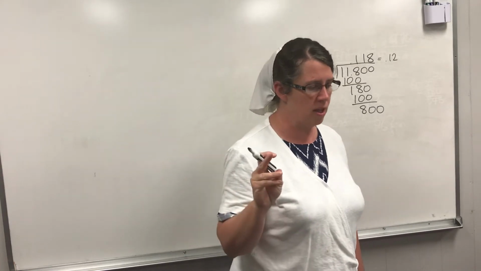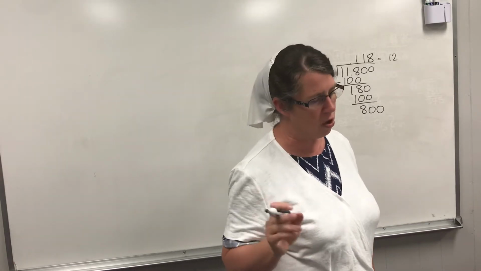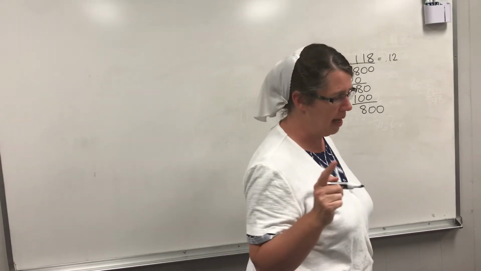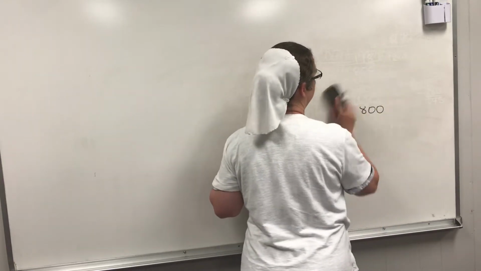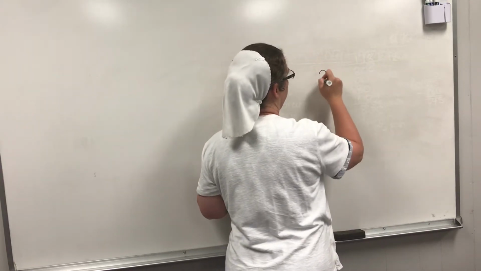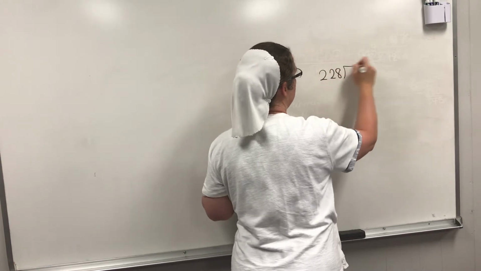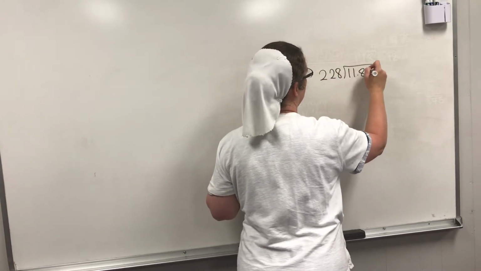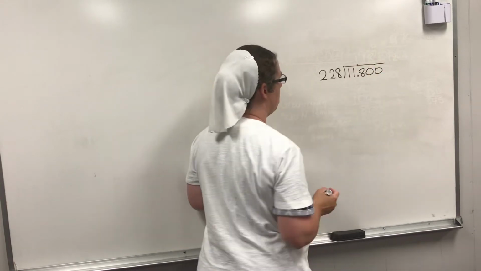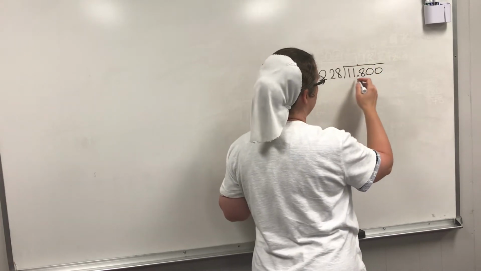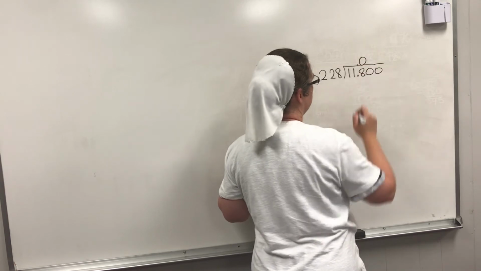The next question they ask is, what was the feed cost to produce one egg? Okay, she had 228 eggs and the feed was $11.80. So I'm going to go 3 places there right away because we have to round. We can't go 228 into 118, so we need to put a 0.